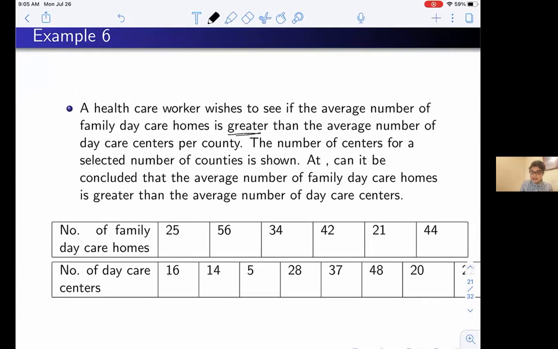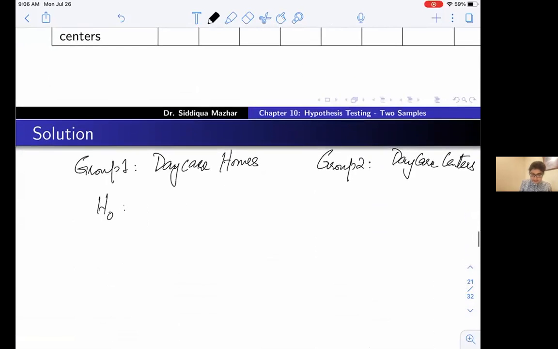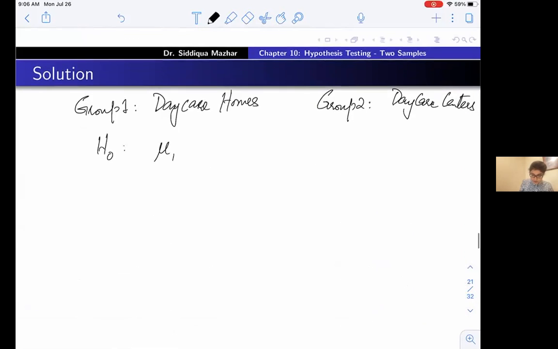So the word greater is given to us. Because my null hypothesis is associated with the equality sign, otherwise our test will not work, I'm going to say that the average number of daycare homes is equal to the average number of daycare centers, because the equality sign is associated with our null hypothesis.